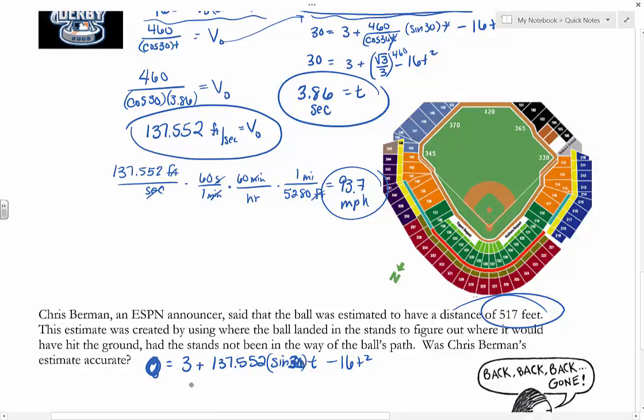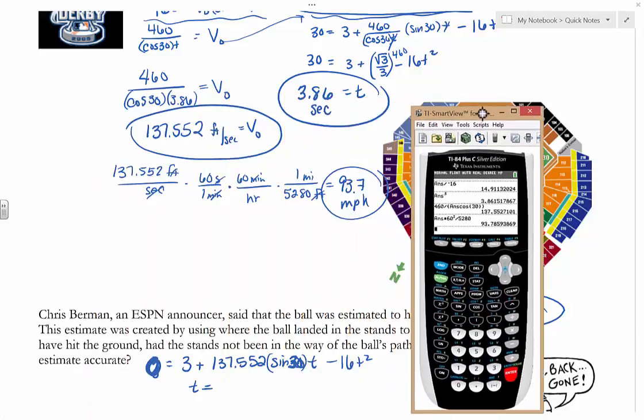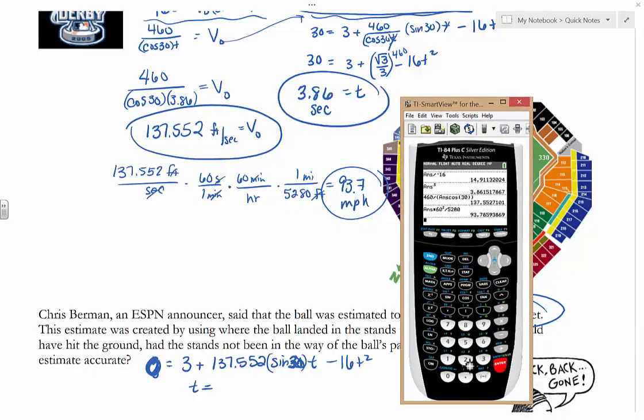So if I figure out when that equals 0, I'm going to use the calculator to do that. I'm just going to use the quadratic formula here. So to use the quadratic formula, I need to find b. So I'm going to take this and figure out what b is. Store that as b.